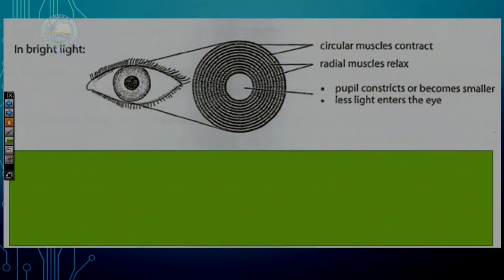So how does that happen? So imagine that this rubber band, so for that to happen, you have to have the muscles working to close that pupil. So imagine that this rubber band is like the eye or the iris. So the hole is the pupil and the actual band will make up the circular muscles.